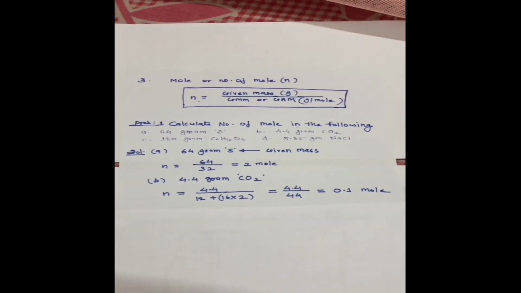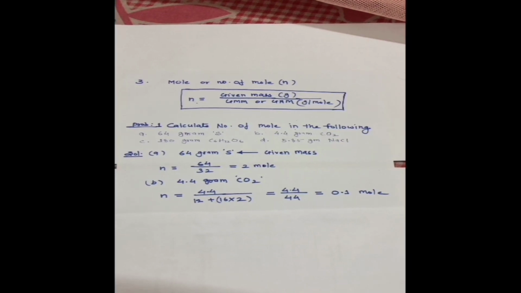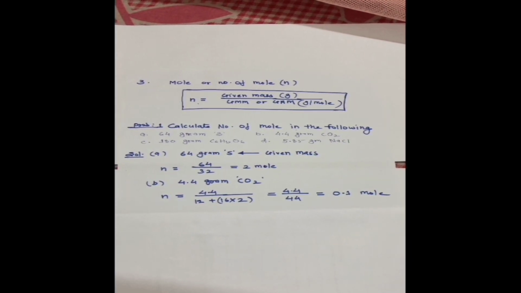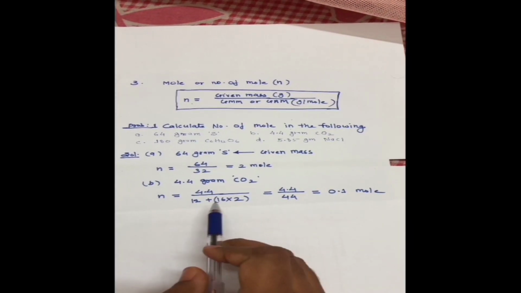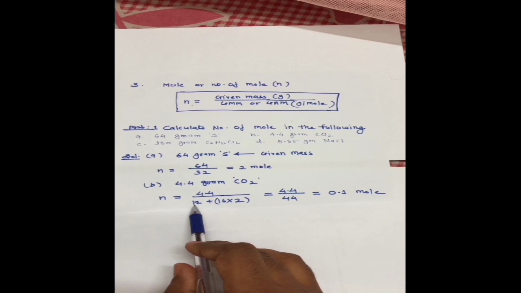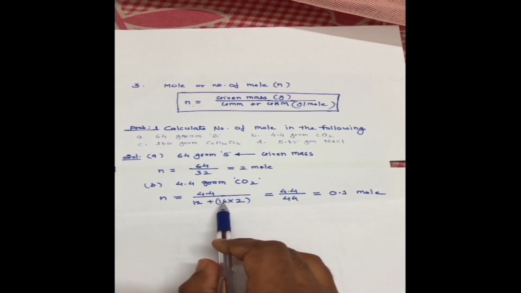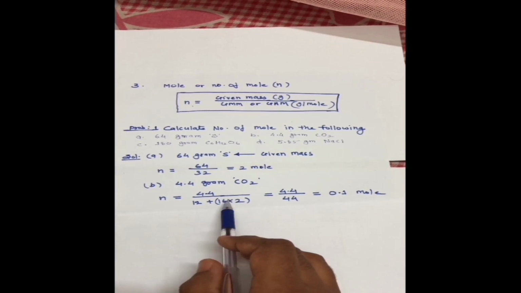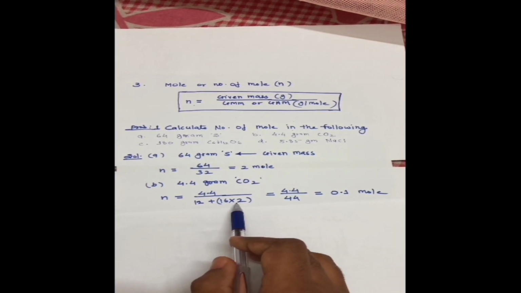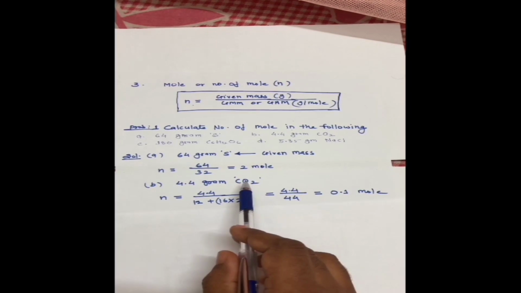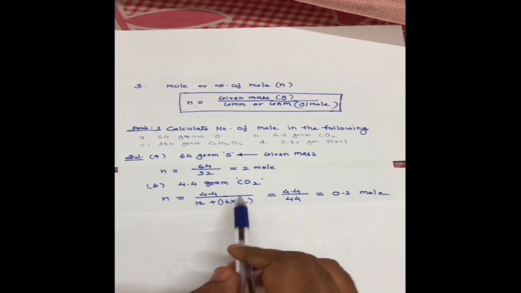And next, 4.4 grams carbon dioxide. Now what is 4.4 gram? It is the given mass of carbon dioxide. And what about GMM of carbon dioxide? That is carbon 12 plus oxygen. Gram atomic mass of oxygen is 16, so 16 multiplied by 2. Why multiply by 2? Because in carbon dioxide there are 2 oxygens.